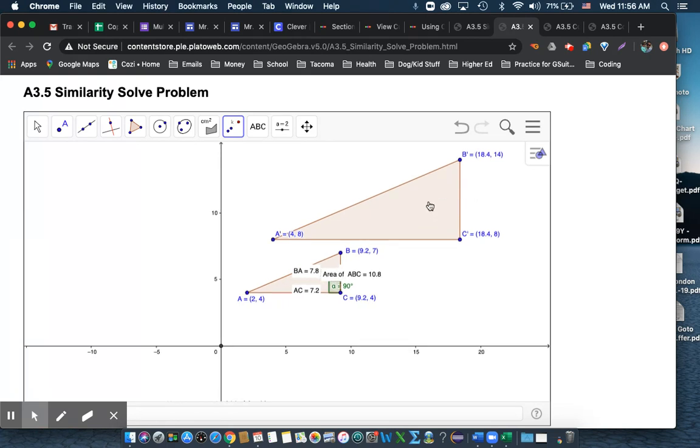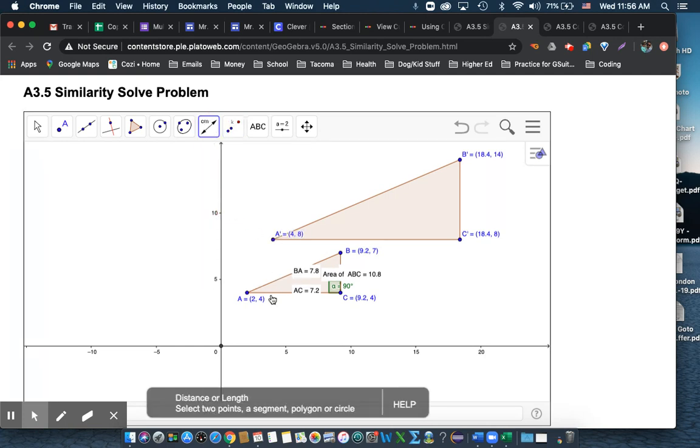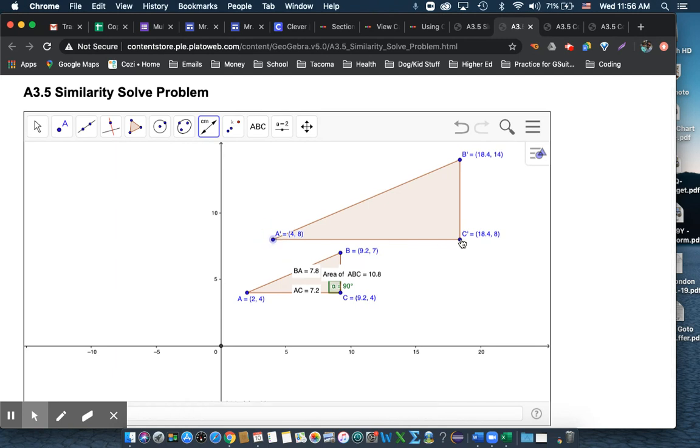Now because I'm dilating, that means all my sides have gotten bigger because my scale factor was greater than 1. So notice the difference here. Let's do a distance. Now AC originally was 7.2. So if I scale factor at 2, how much should this be? It's double the amount.